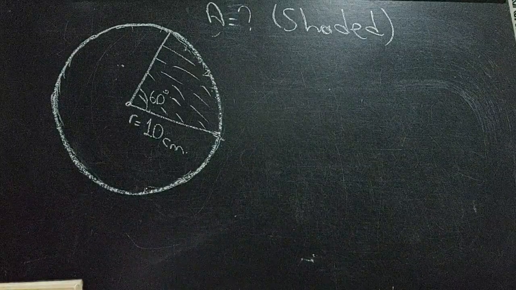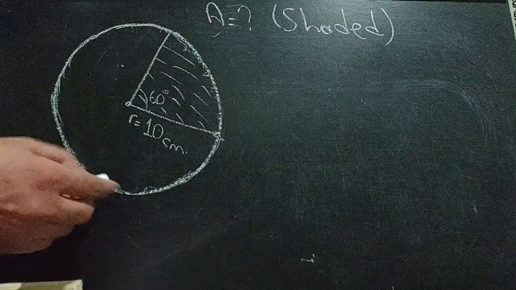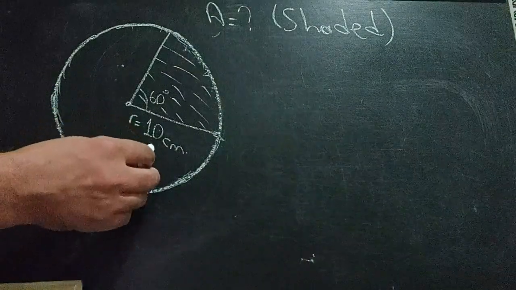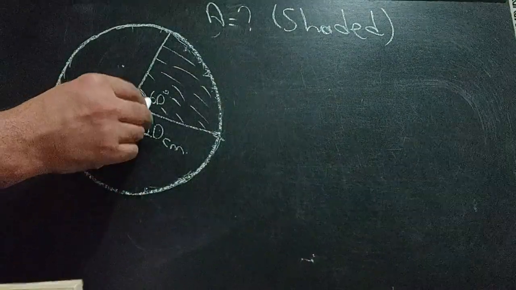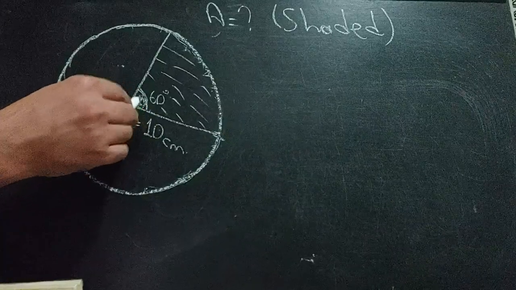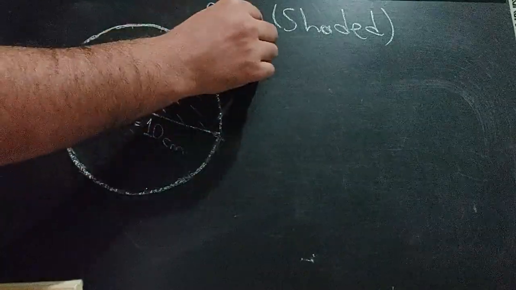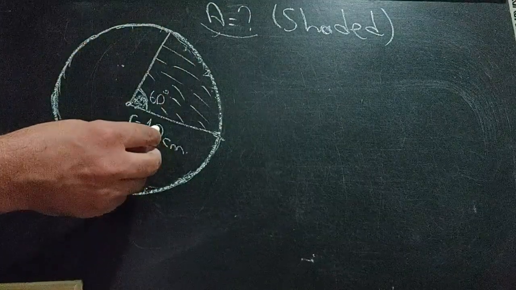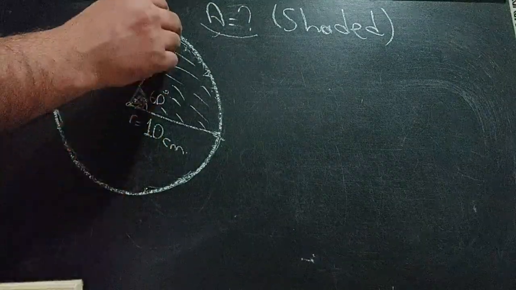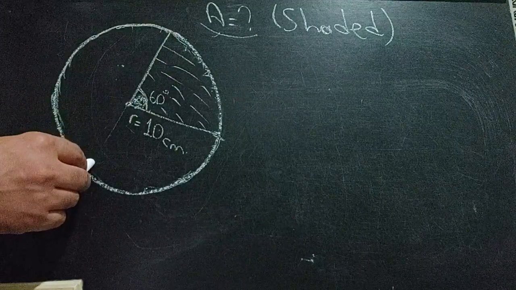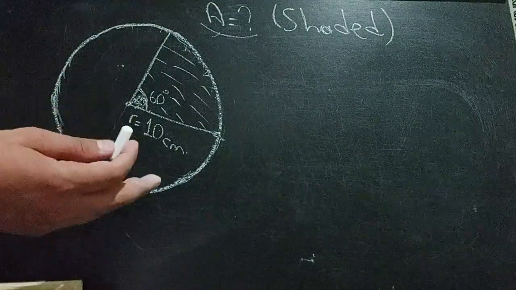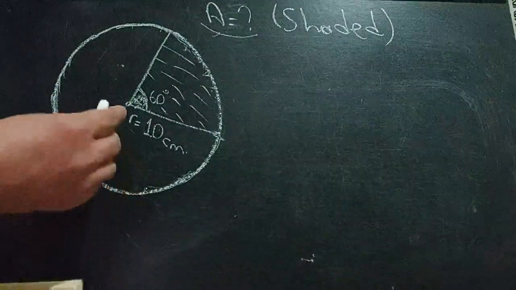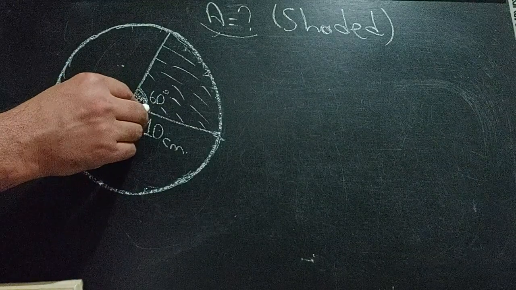Alright, my next question is that radius of circle is 10 centimeter and this is 60 degree, and the question is asking what is the area of shaded region. Okay, so in previous question there was half exactly, that's why I just divided by 2, but in this question there is degree there.